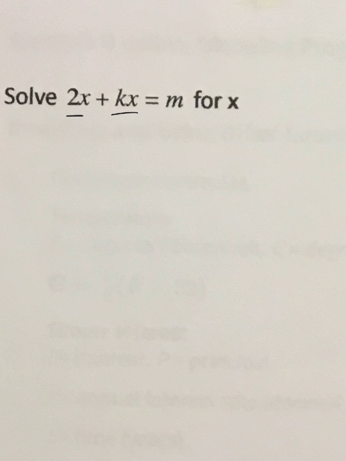So Hilton, how can I undistribute that x? You can do x and then in parentheses 2 plus k. Everyone see that? Equals m. So he took the x, he put it on the outside, and in the parentheses, he pulled that x out of every number. Now I need to get x by itself.